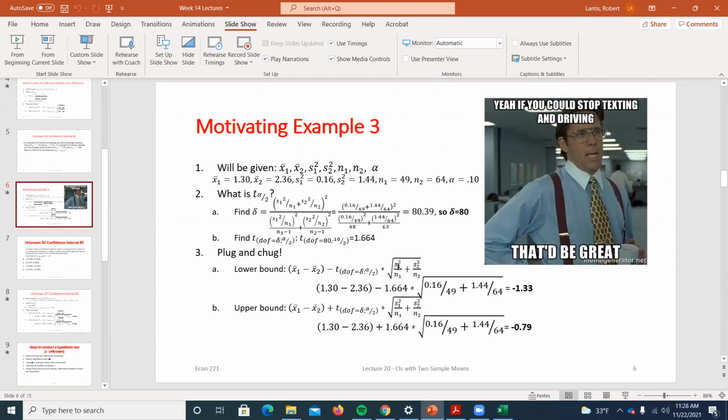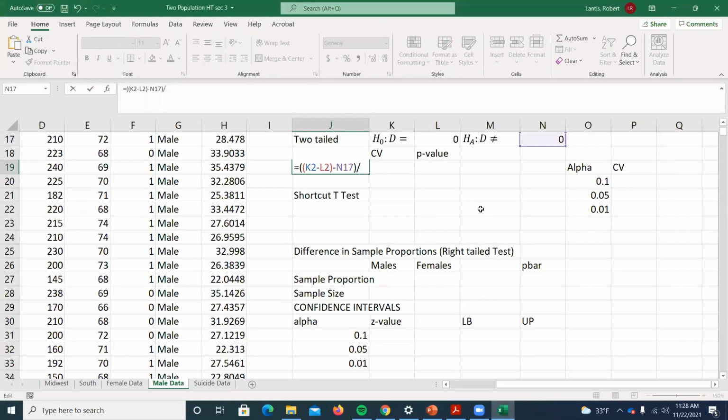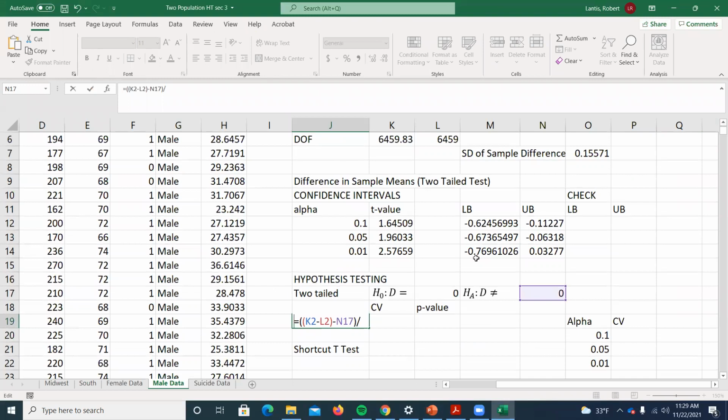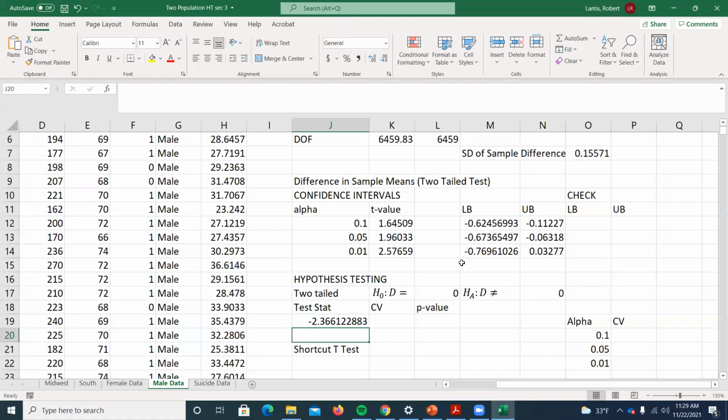So we can use this standard deviation of our sample means that we calculated, up here somewhere. So we're dividing by that, and that way it just makes it a lot easier. I don't have to type this all into one cell. So I hit enter and I get my test statistic. So it's about negative 2.36, okay?